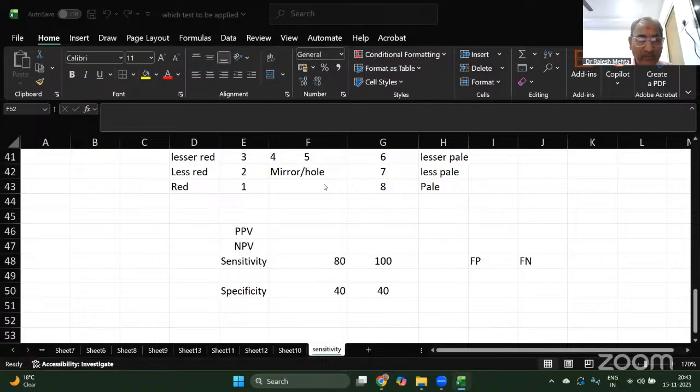If I want to do the survey, let's say for hemoglobin level with this instrument, on a larger scale in the society, so in the first screening, should I concentrate on sensitivity or specificity?